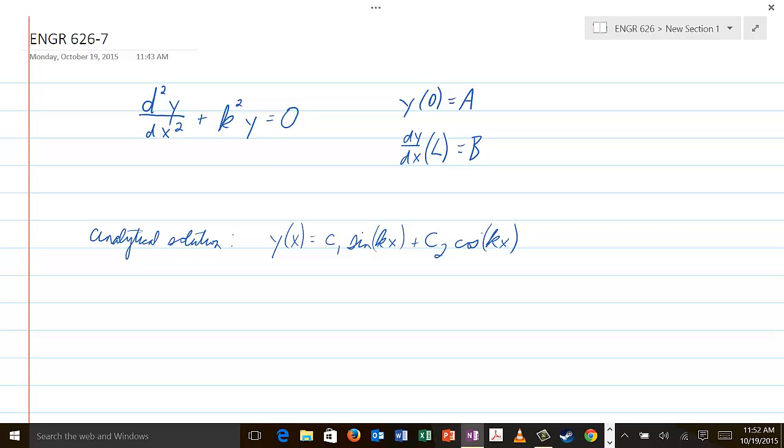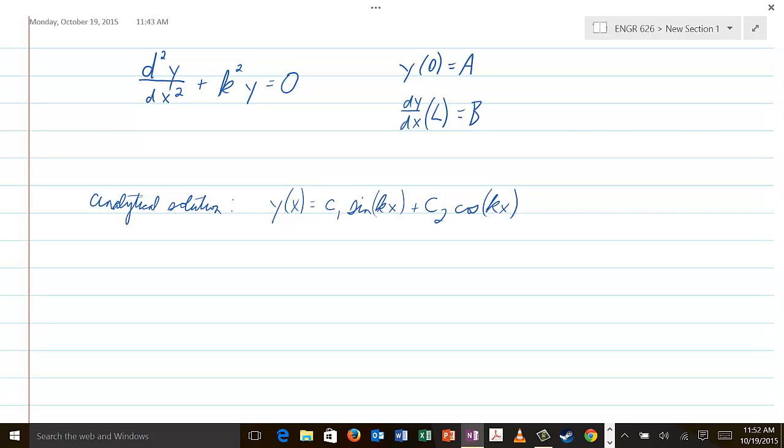And in fact, you've done it twice. The two times that you did it involved two different ways of enforcing the Neumann boundary condition at x equals L.